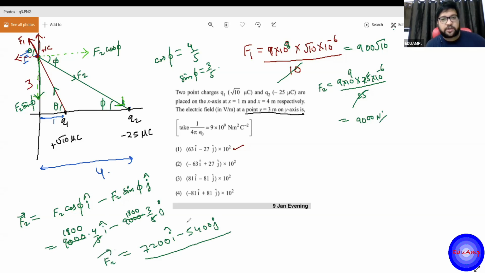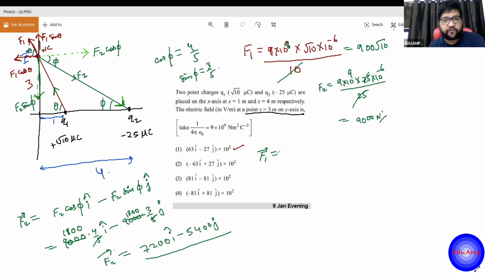Fine. Similarly, I'll do the components of the force vector F1. F1 vector has this component as F1 sin theta, I hope it is visible, and this component is F1 cos theta, but it is in the negative x direction, this direction.